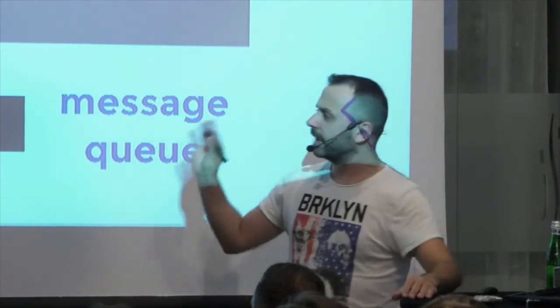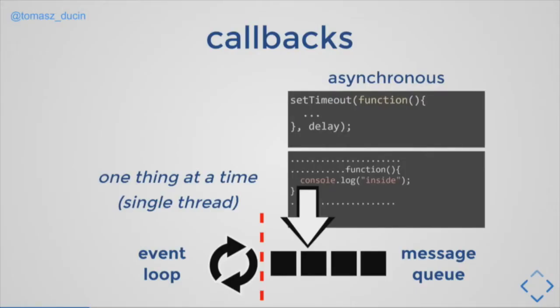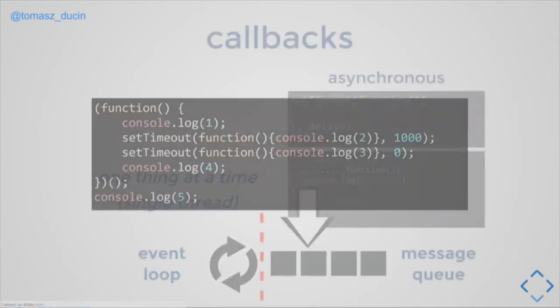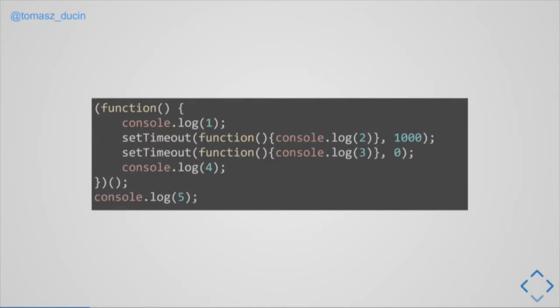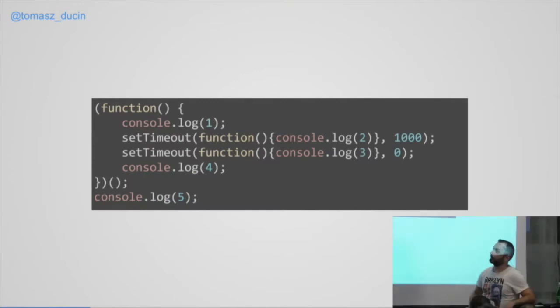Right. And additionally, if we dive deeper into these code snippets, we would see that these structures are different, they're not combined with each other. So let's take a look at this piece of code. Could you tell me what is going to be the output of this snippet? It's just console log 1, 2, 3, 4, 5.